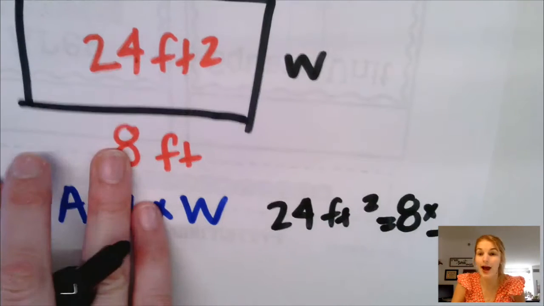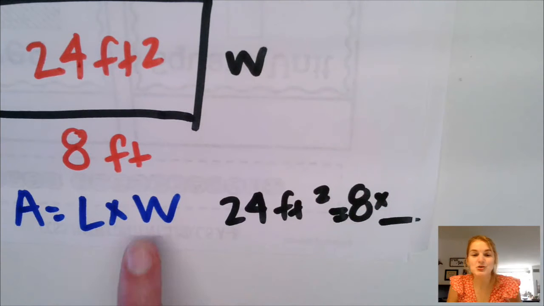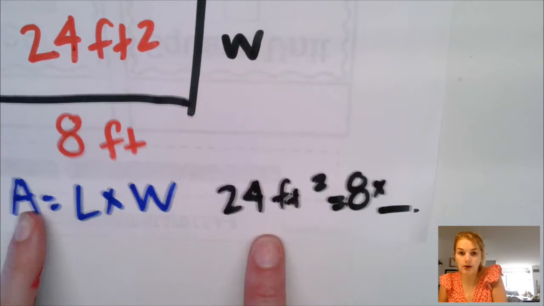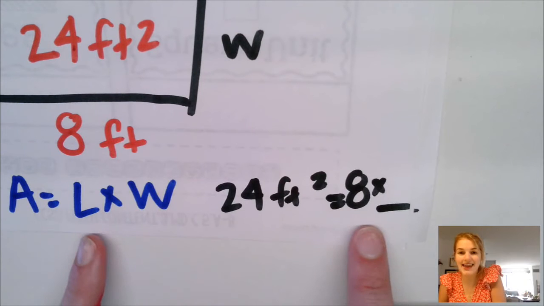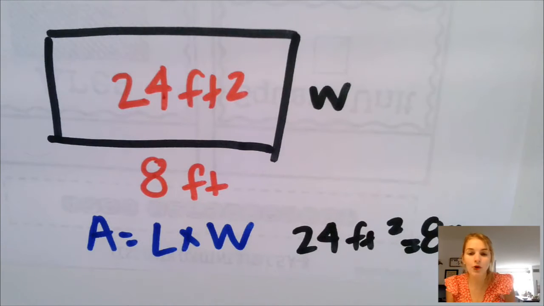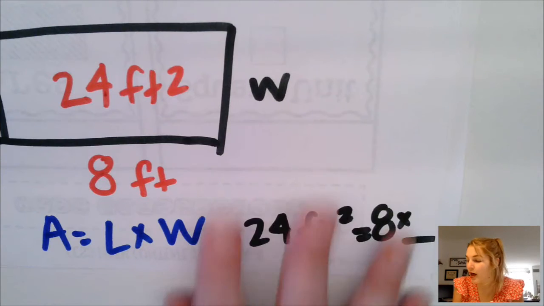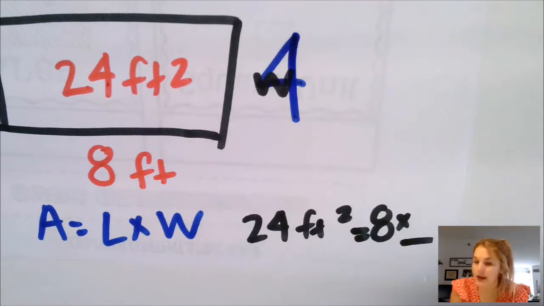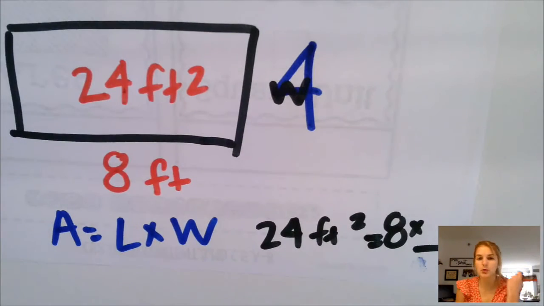So now all you have to do is say, okay, well, I know that 8 times 4 is 24. So let's double check that.